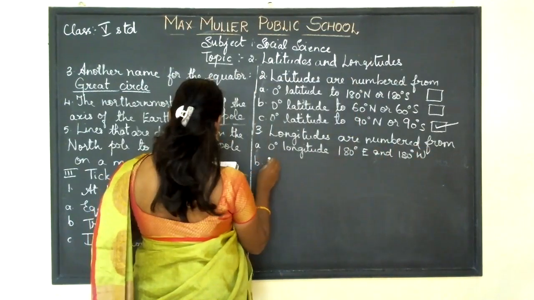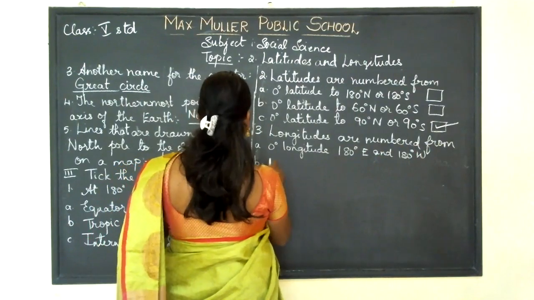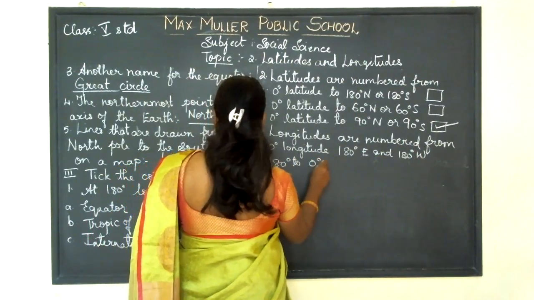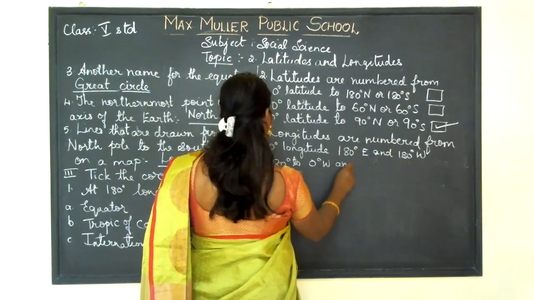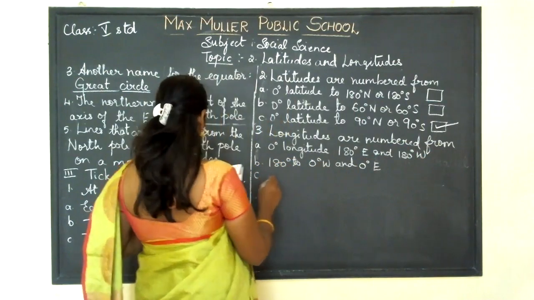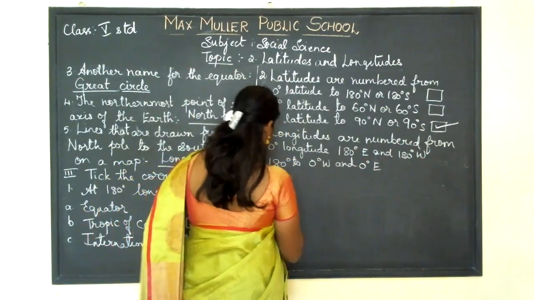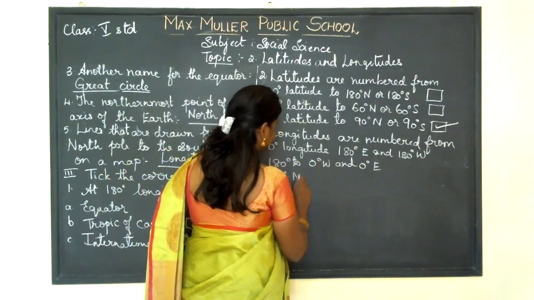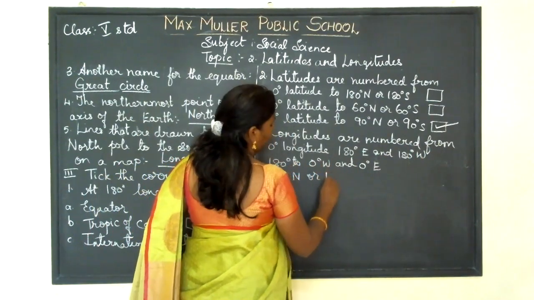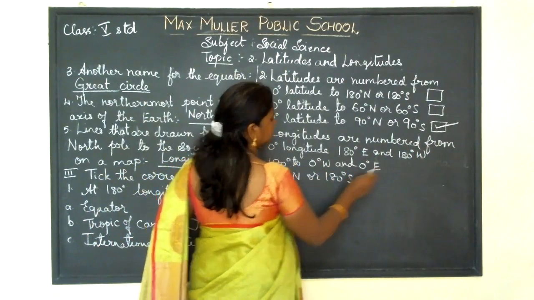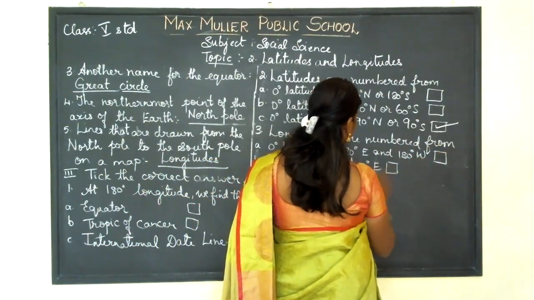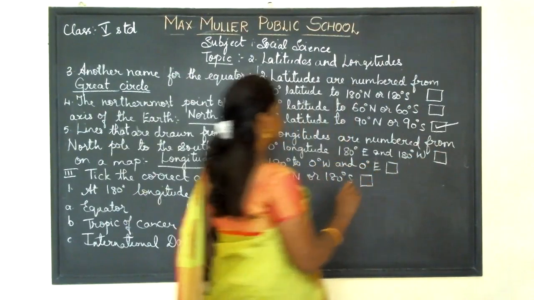The second option is 180° to 0° west and 0° east. Third option will be 180° north or 180° south. So these are the three options which they have given you people.